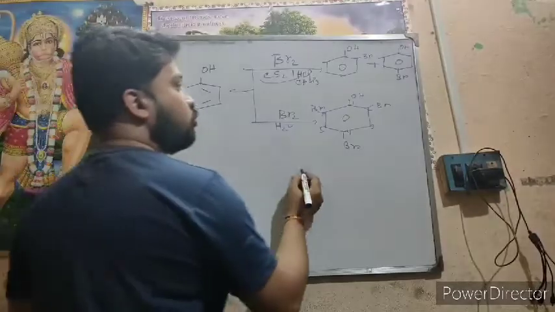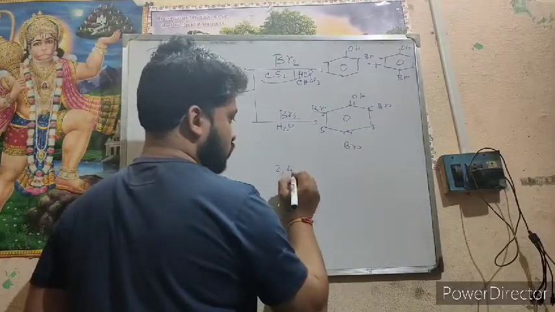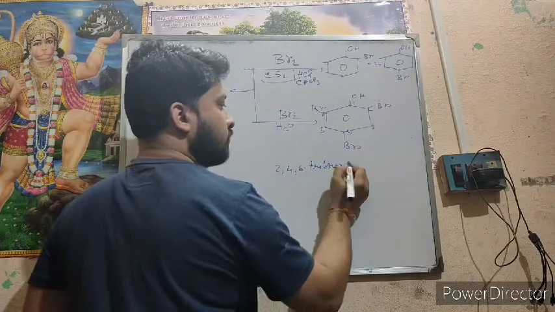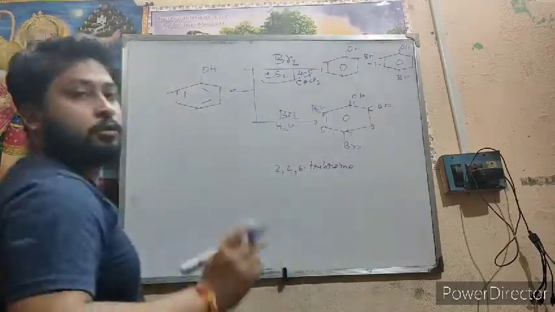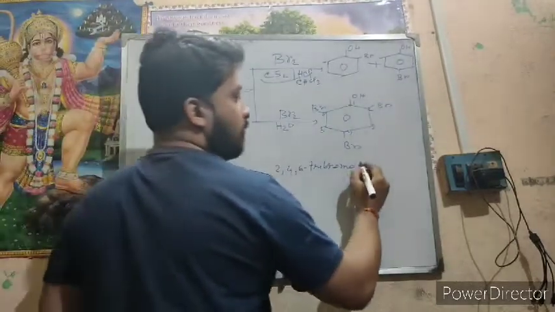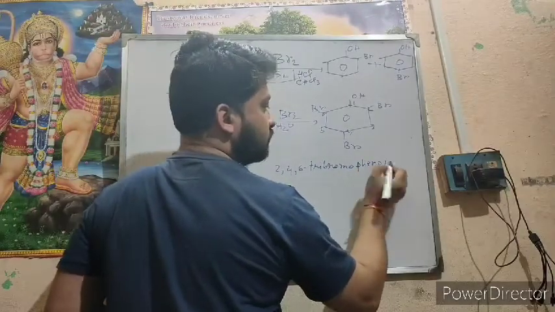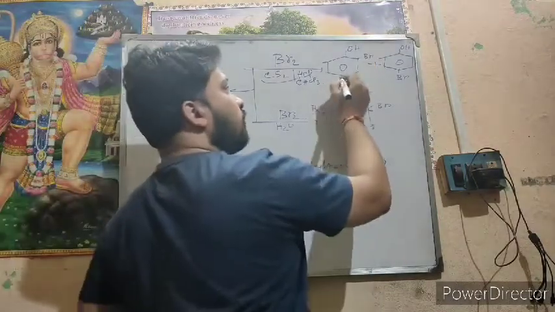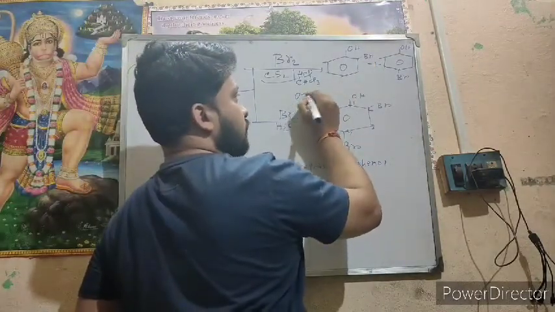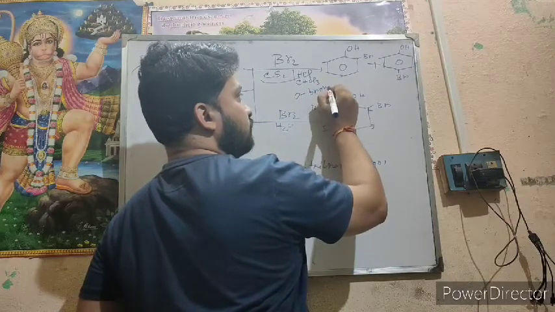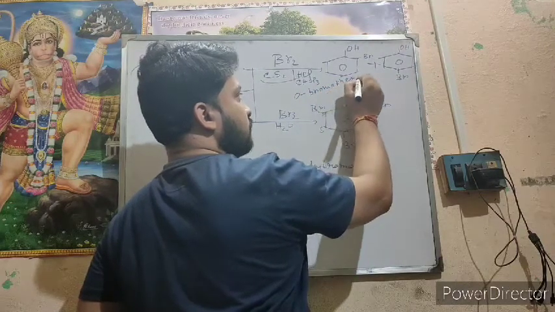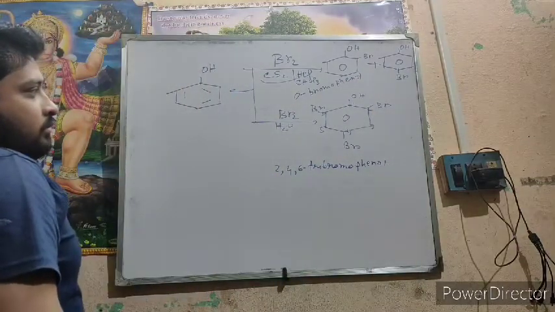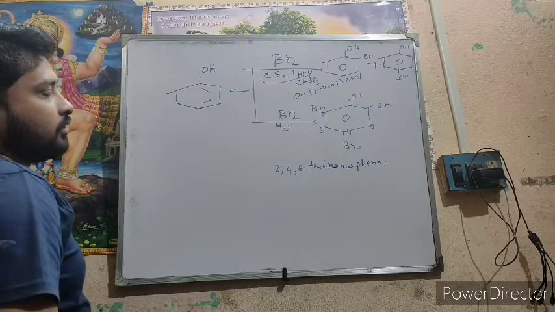So this is 2,4,6-tribromophenol. Okay, this is orthobromophenol and this is parabromophenol.